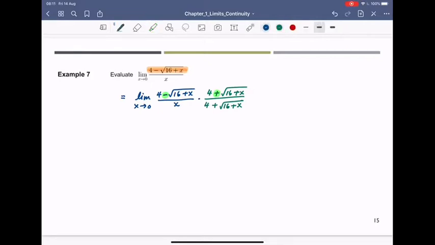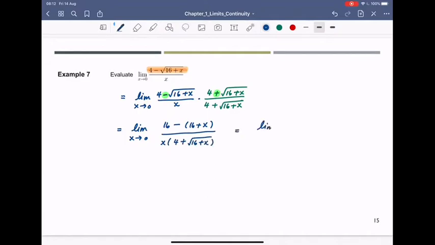Next step, we multiply the terms on the top together, and we get 16, which is 4 squared, minus the square root of 16 plus x squared, which is just 16 plus x. On the bottom, I have x times 4 plus square root of 16 plus x.